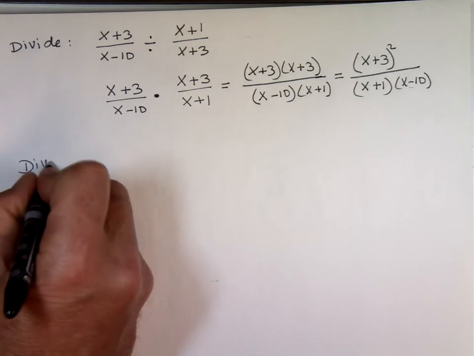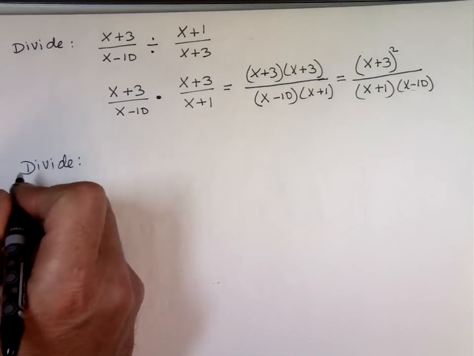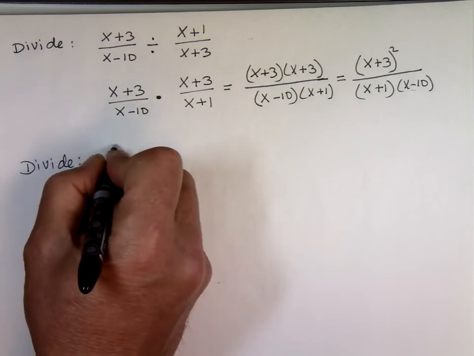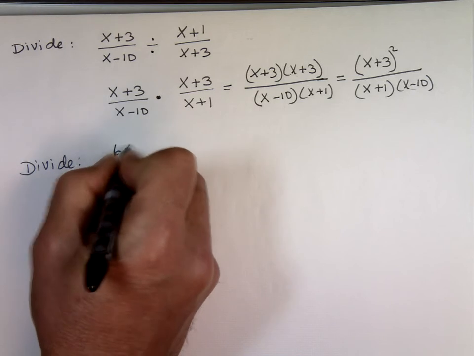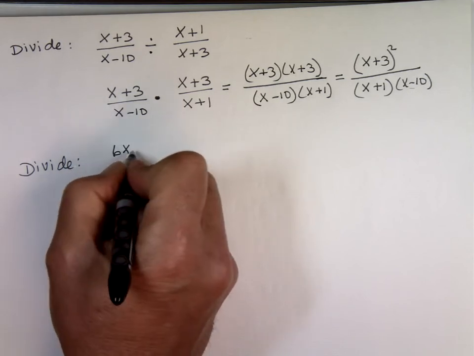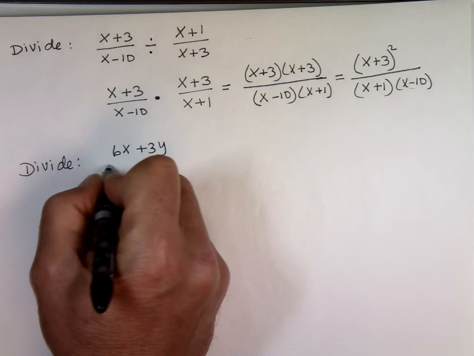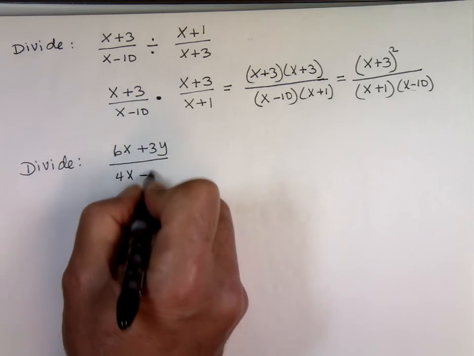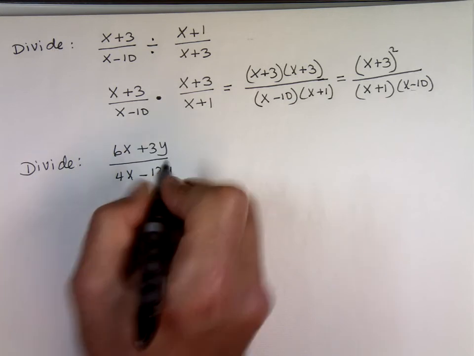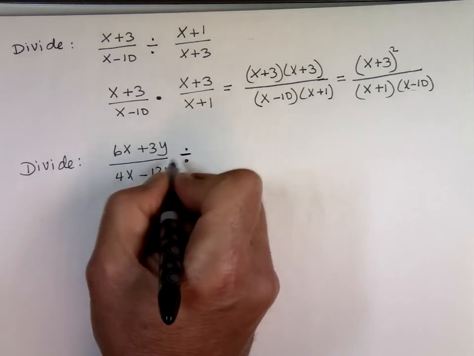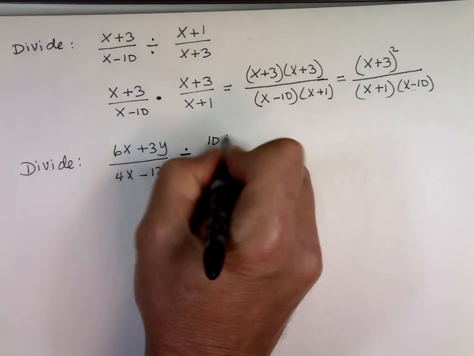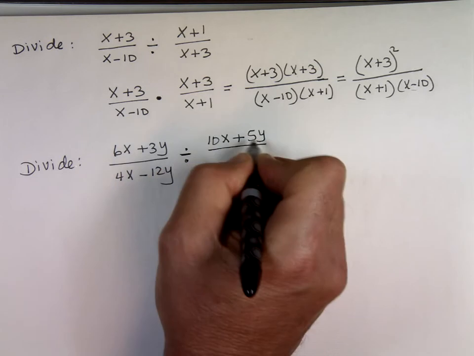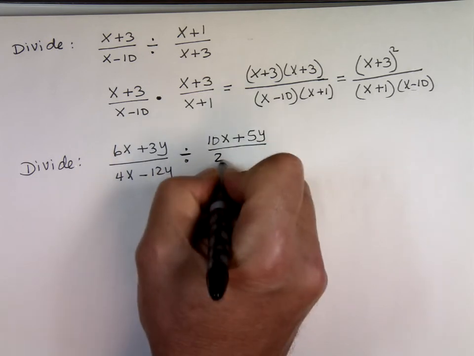Divide 6x plus 3y over 4x minus 12y divided by 10x plus 5y over 2x minus 6y.